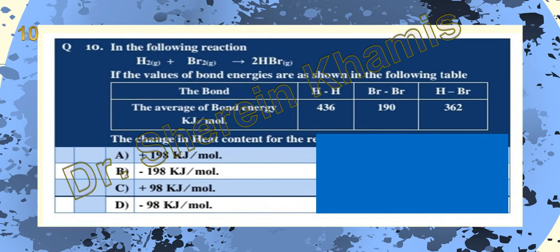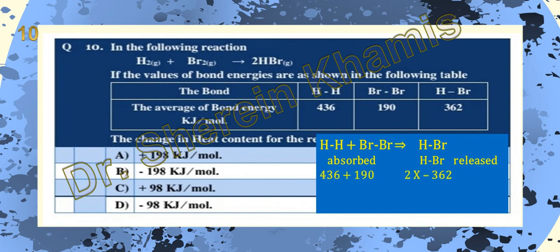So we want to know the bond energy of the reaction. We have H2, we will have H and H plus Br and Br to give 2HBr. So we have the absorbed energy here and the released energy here. We have 2 moles of HBr. Okay, we will fractionize the equation.